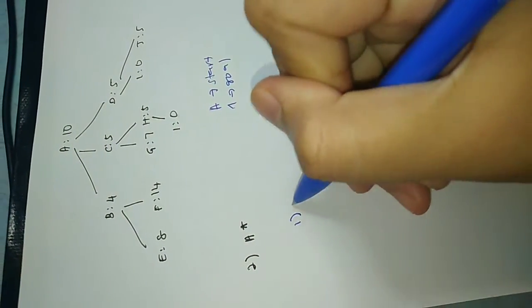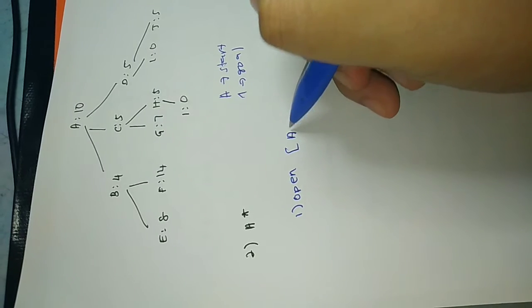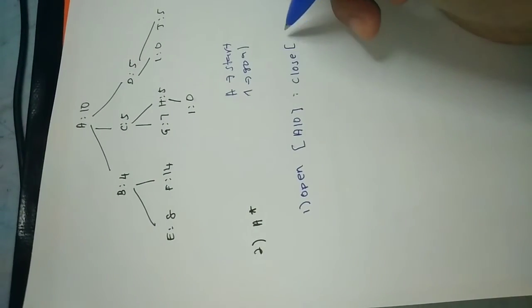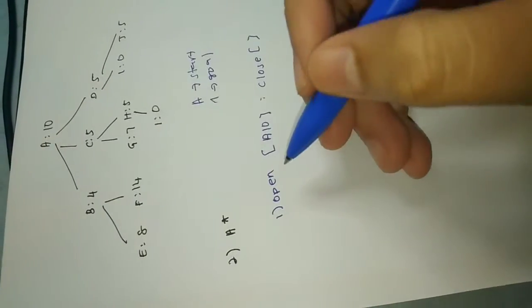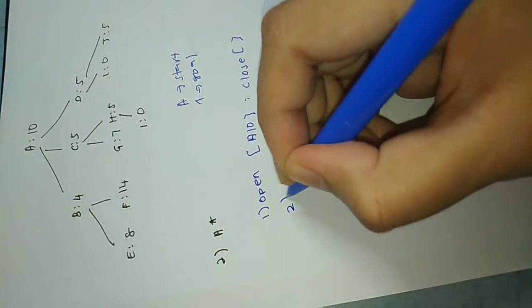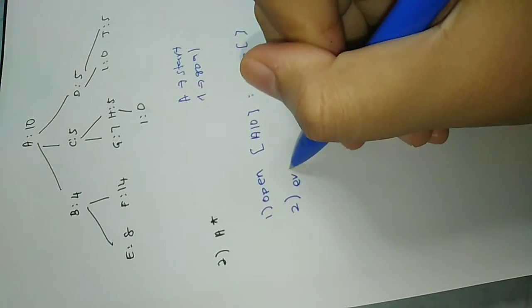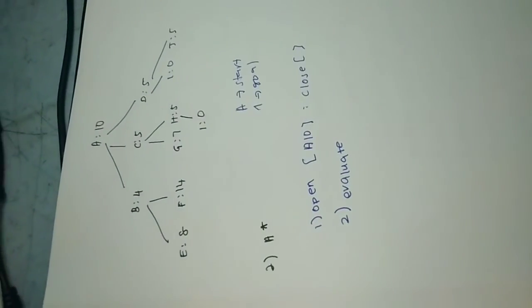So first step is, of course, we are going to open our start, which is A10. For this question, we need to write down the distance or the number that has been set together with the alphabet. And then the second step is we are going to evaluate. For A star, we are going to use the terms evaluate, open, and close.